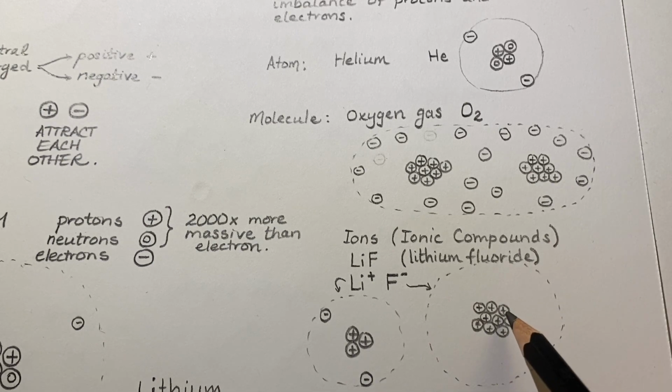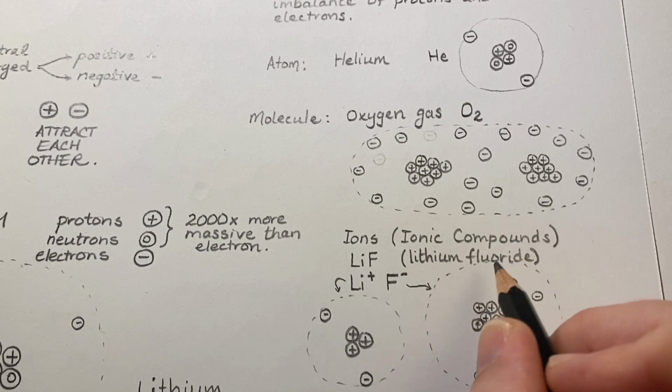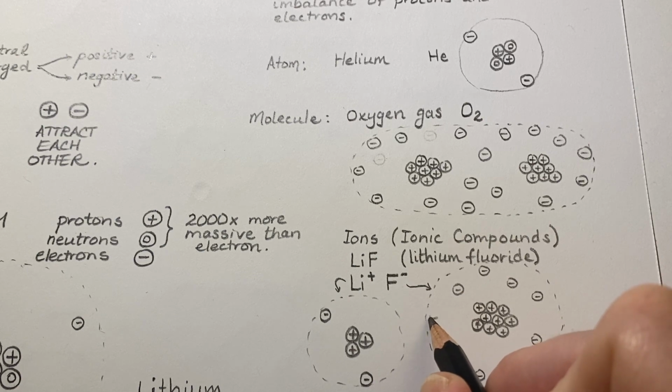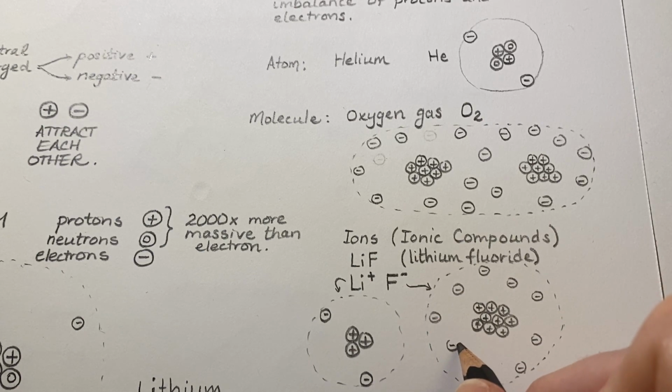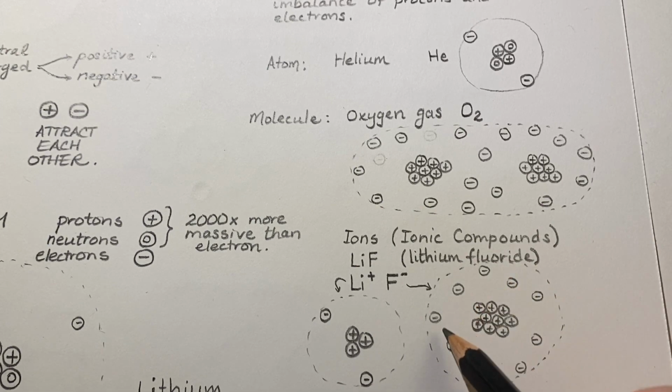So we would expect for a neutral fluorine atom that there would be 9 electrons. Okay, so that's true. 3, 4, 5, 6, 7, 8, 9. So I'm just kind of spreading them out equally like this. Okay. So this would be a neutral fluorine atom.